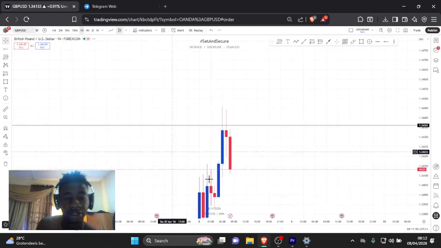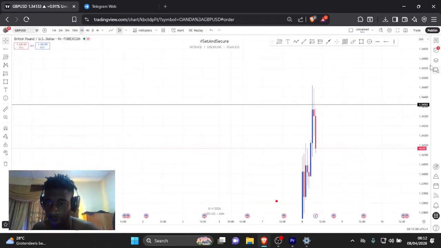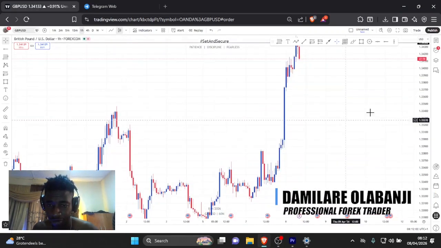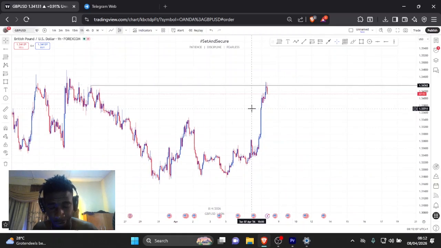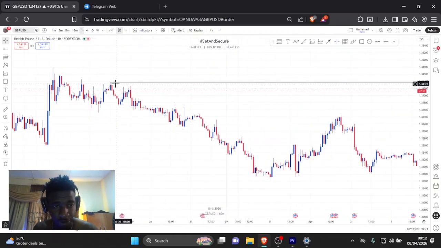Let's choose here. First of all, we've been on our trend for so long, so I think market structure so far, we've gotten a liquidity sweep right here.